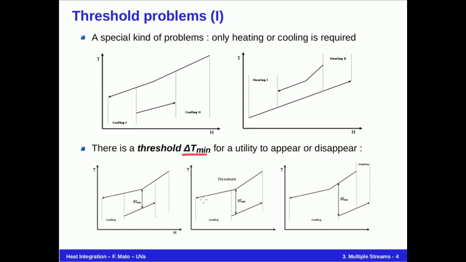If you increase the minimum approach, you can arrive at a situation where it's just balanced in the heating part. And if you cross this minimum approach, you increase the value a bit, then you start having heating. So there is a threshold that you cross in minimum approach temperature that divides needing heating or not.